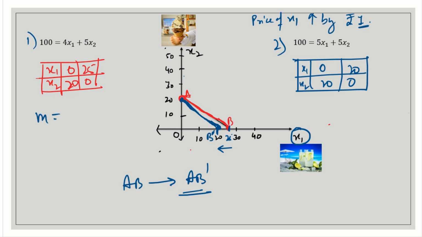What is the slope of this line? It's the ratio of the prices, right? Negative of P1 upon P2. P1 is 4, this is P2, and similarly for this one, this is P1, this is P2, right? So what is the ratio? Minus 4 upon 5, which is equal to minus 0.8.